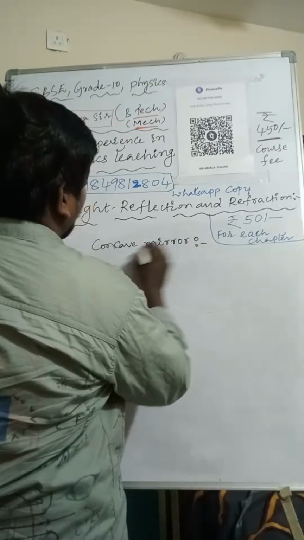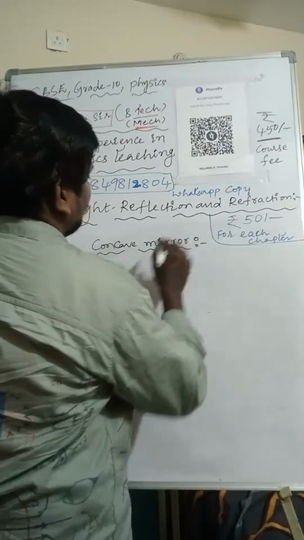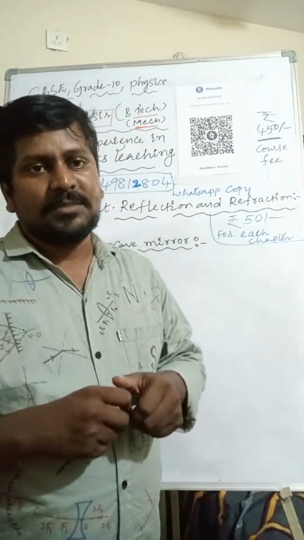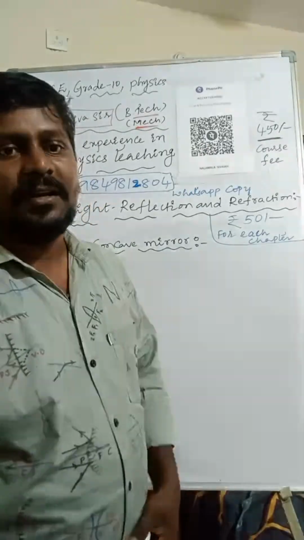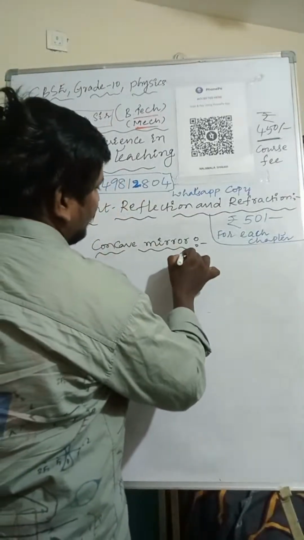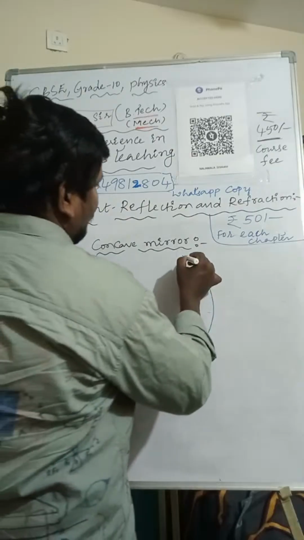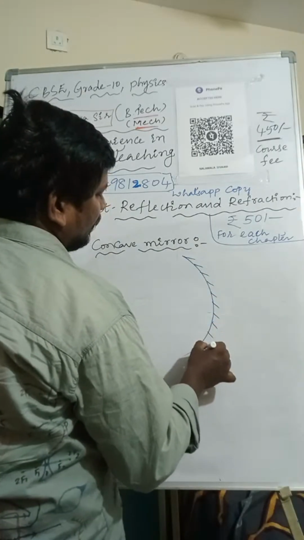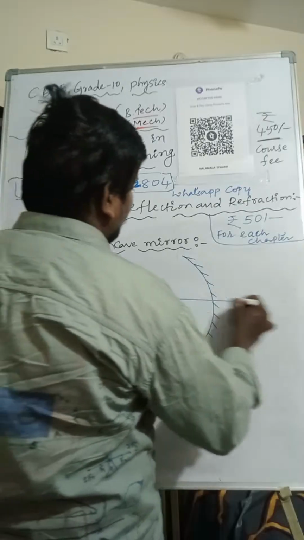So this is a concave mirror. Concave mirror image formation when the object is placed at infinity. So I'm taking a concave mirror like this.